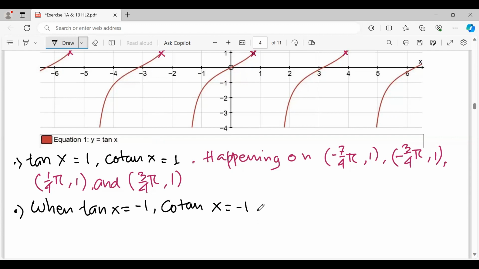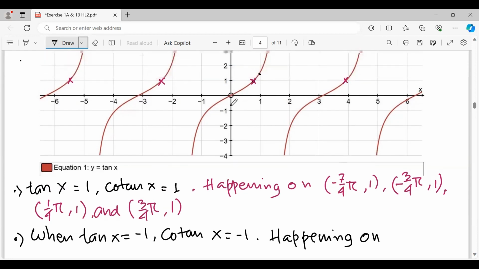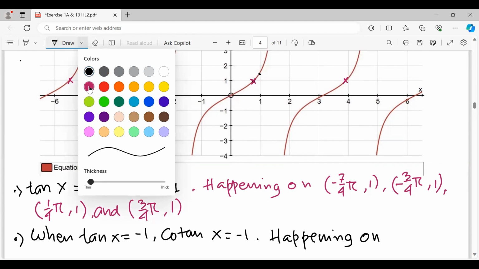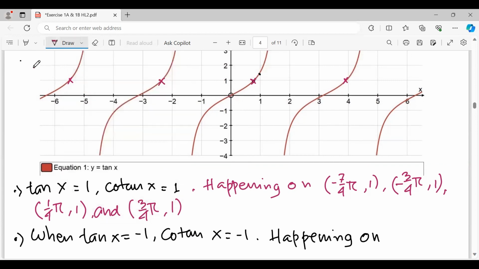Okay, and it happens at coordinate points. We have to identify first the -1, here. 1, 2, 3, 4.